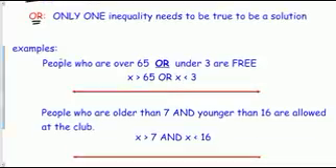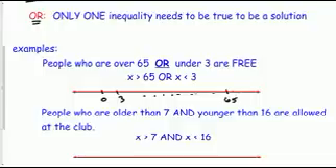For example, let's say that people who are over 65 years or under 3 years old are free. So the solutions to this, or the people who qualify for the free, are anyone who's over 65. And so if I've got 0 years down here and 3 years, and let's just say I keep on going, and somewhere up here I have 65 years.